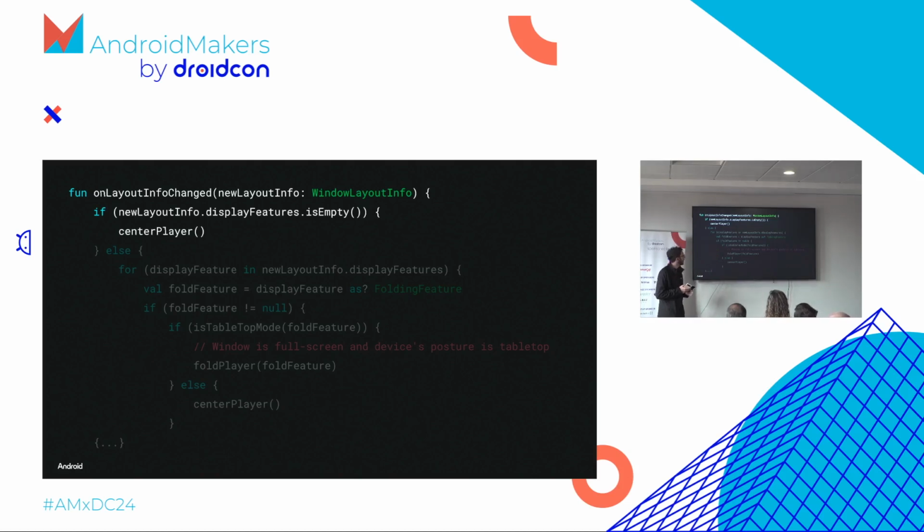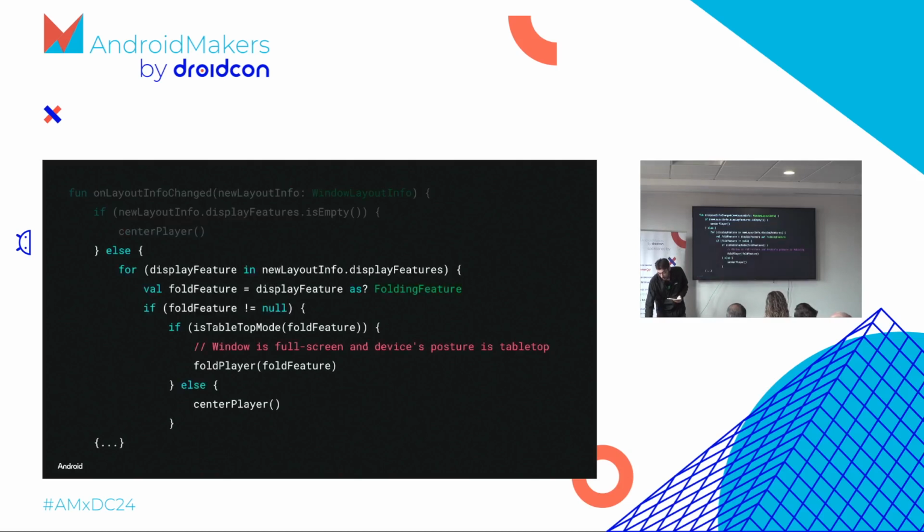Otherwise, you check the folding feature. I haven't seen yet a device that has 2 folds, but the library provides it as a list of folding features. And then you check if it is in tabletop mode.